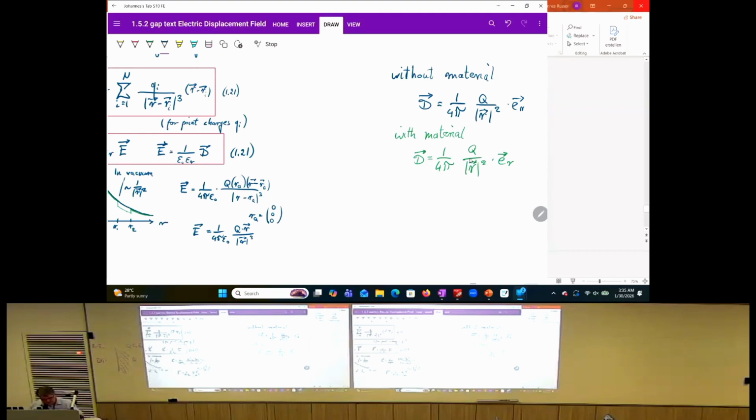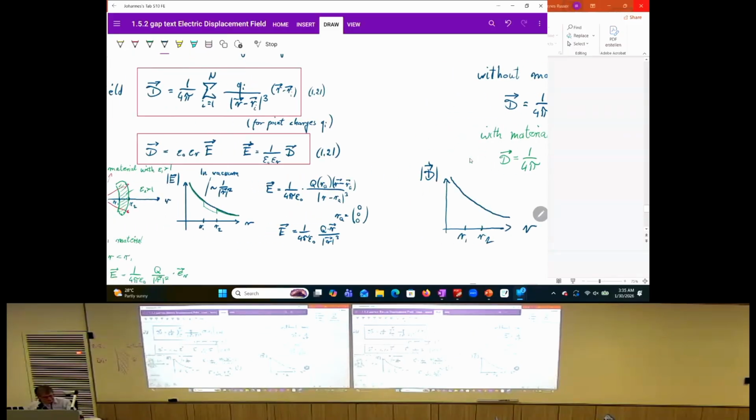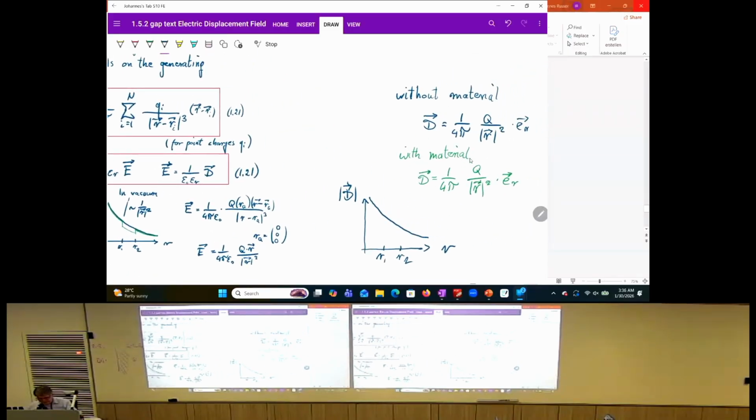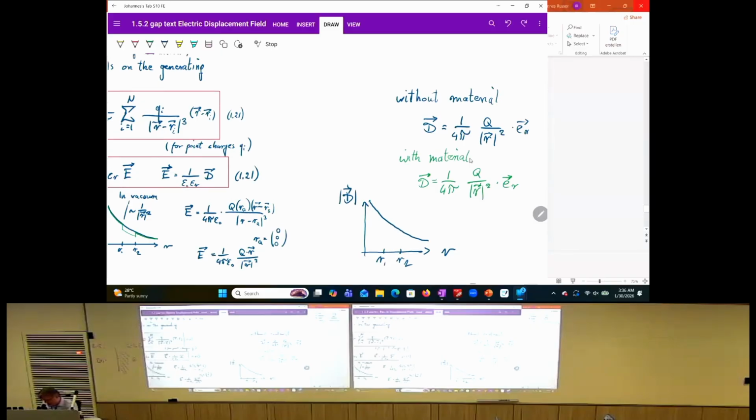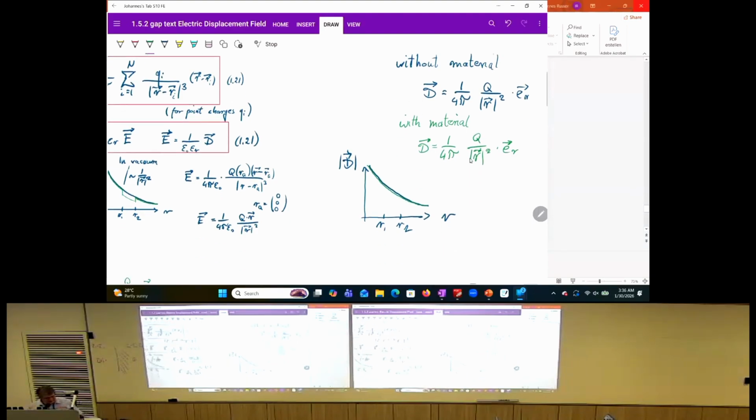And if you plot our D field as a function of R, then you have the blue one again in the case where there is no material, but for the case where you have a material in the range from R1 to R2, it is exactly the same.